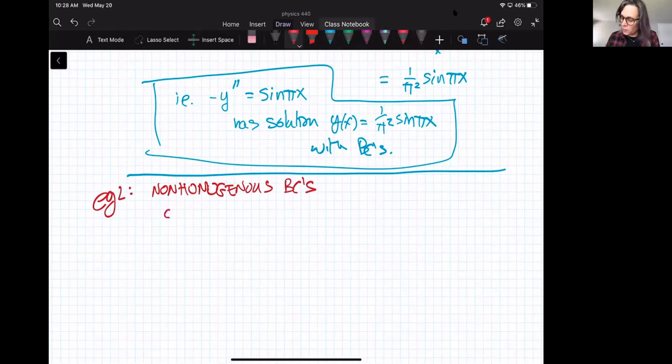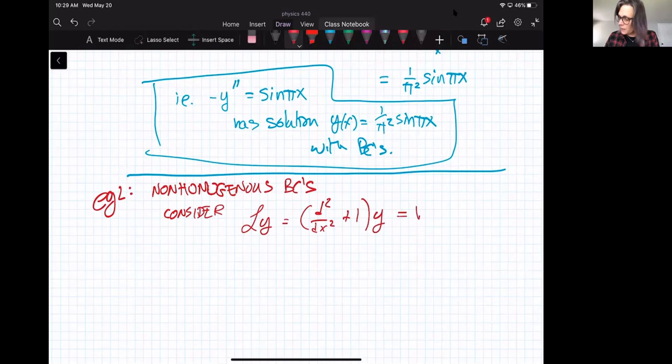So here we're going to consider Ly equal to d squared dx squared plus 1 times y is equal to f of x, with y of 0 equal to 0 and y prime of 0 equal to 0.